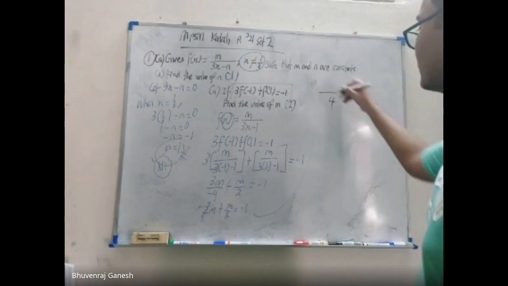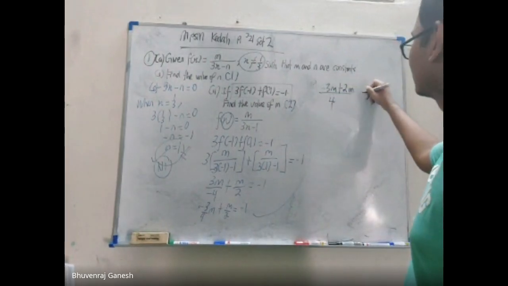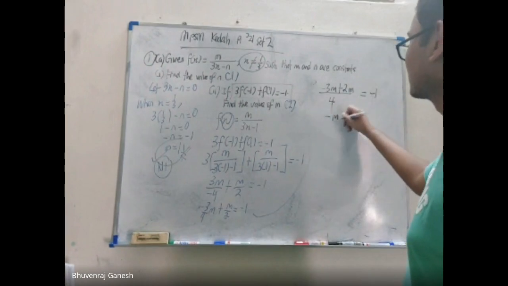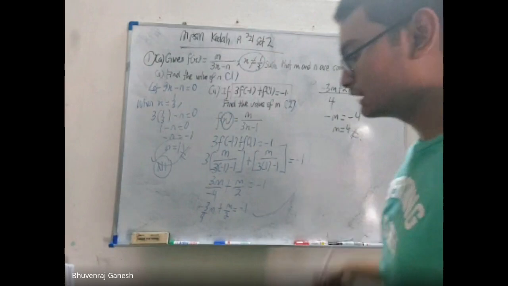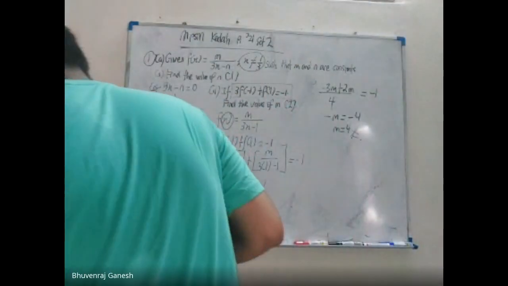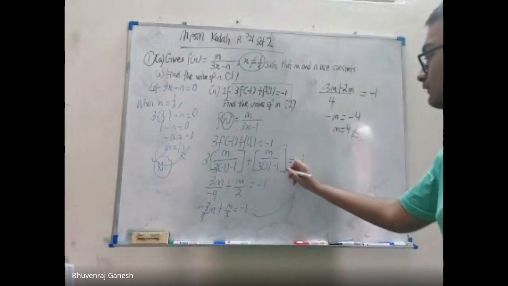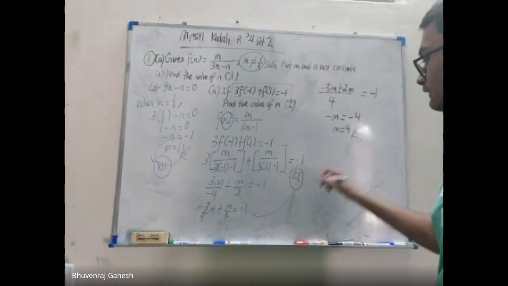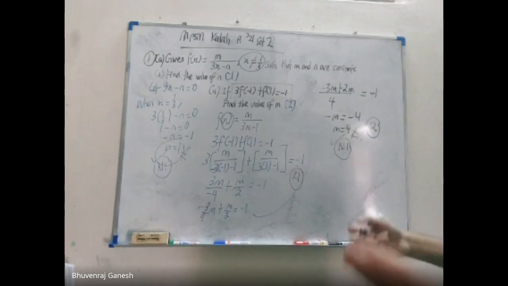So you will get negative 3m plus 2m is negative 1. So negative m is negative 4, m is 4. Done. Found your m already. So that's how you get your 2 marks. So first mark is you show this one. This part very important. And your second mark, of course, your answer. So 2 marks in total.